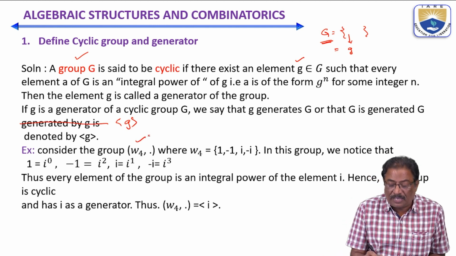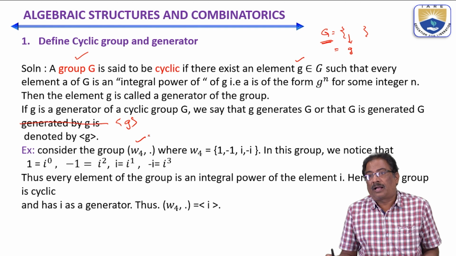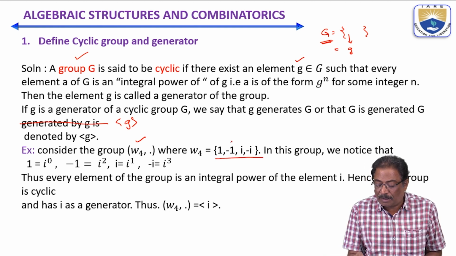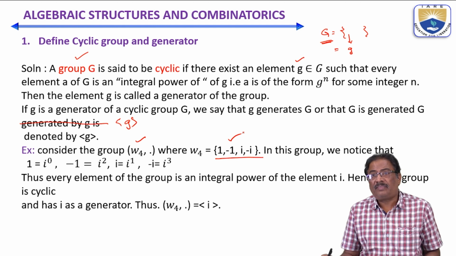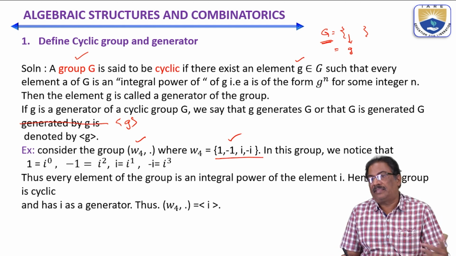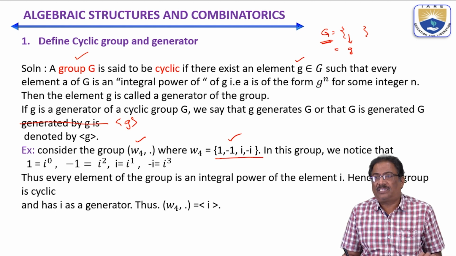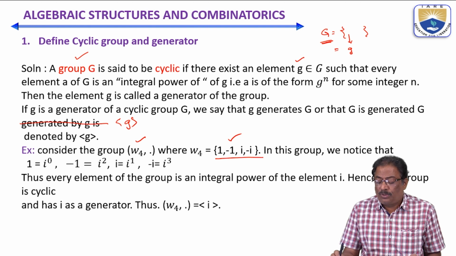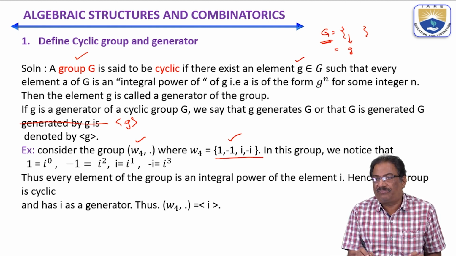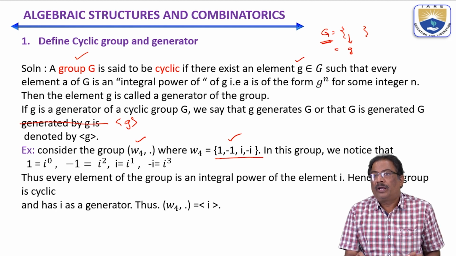I am going to consider W4 with multiplication, where W4 is a set I am taking like this. This is a group, which we already discussed in the previous sessions. Now we are going to represent each element of this group as an integral power of an element.